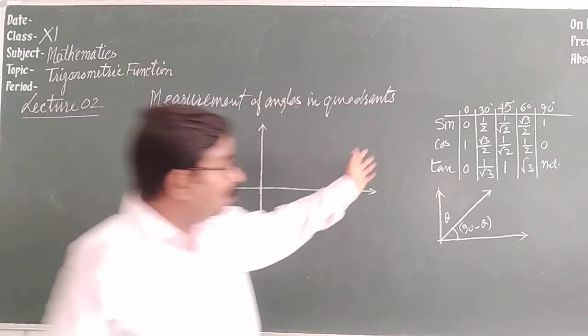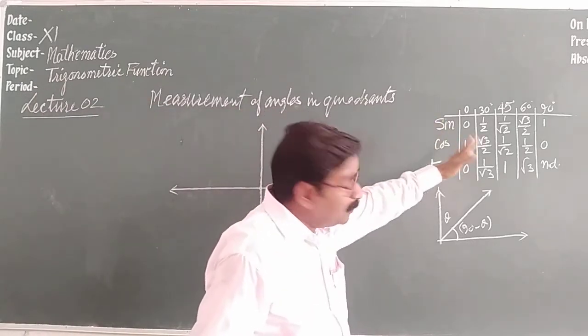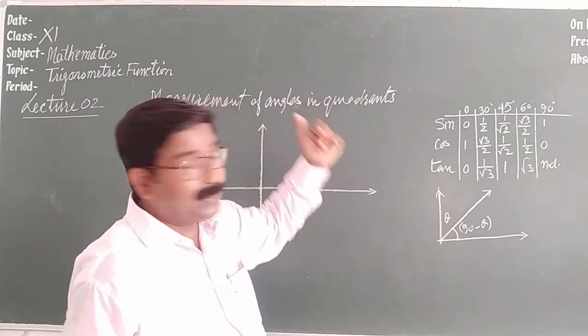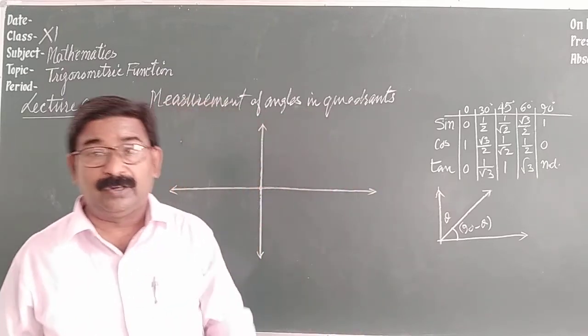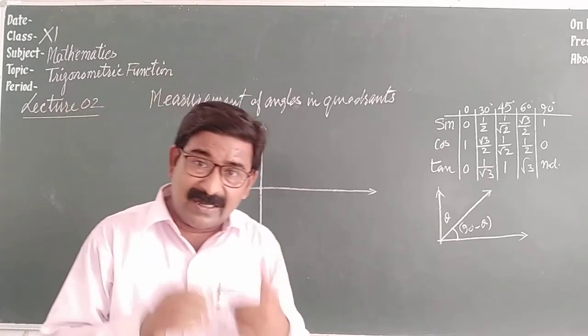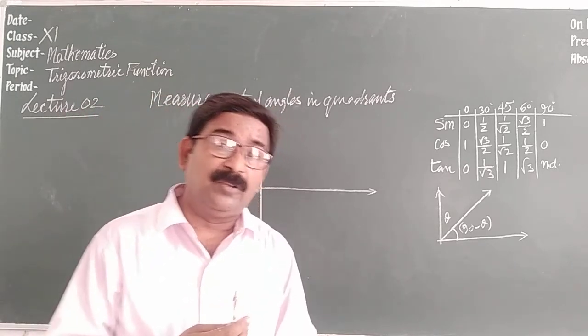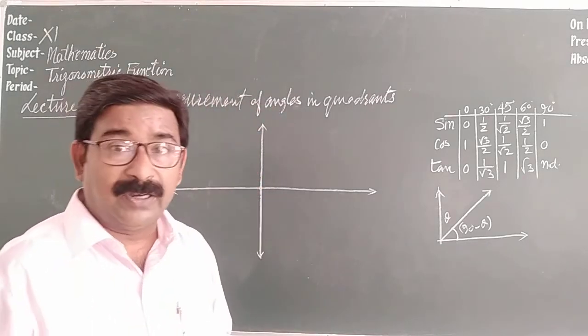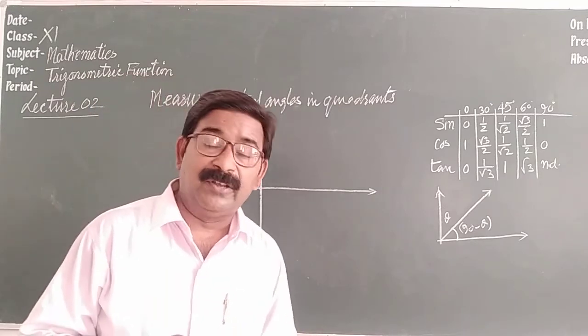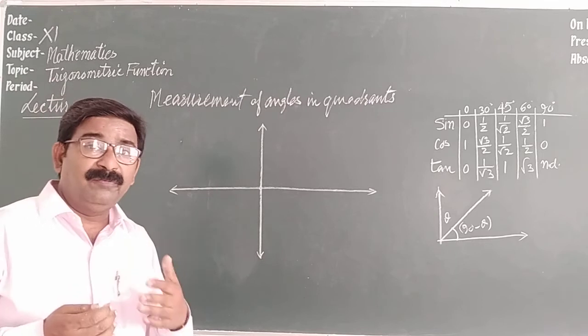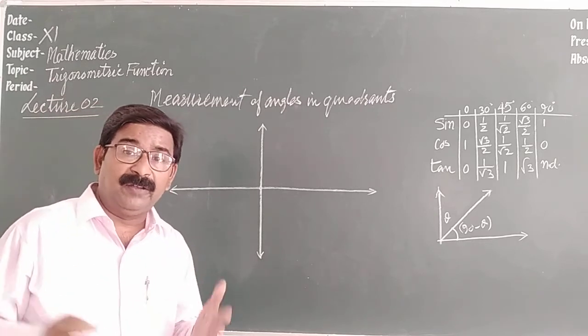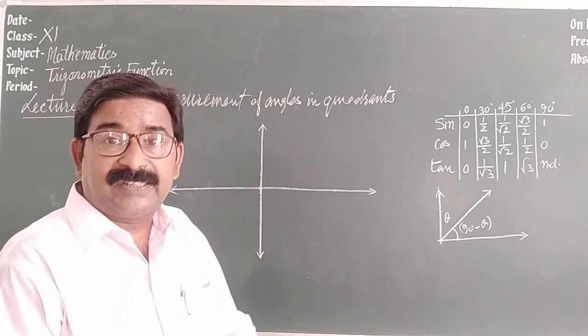It is not always the same. Values will be the same, means you will get 1, root 2, 1 upon 2, root 3, 2. The same values, but somewhere you will get minus 1, somewhere minus 1 by root 3, somewhere 1 by root 3, somewhere minus 2. So when we have negative and when we have positive value, this is the thing to know.